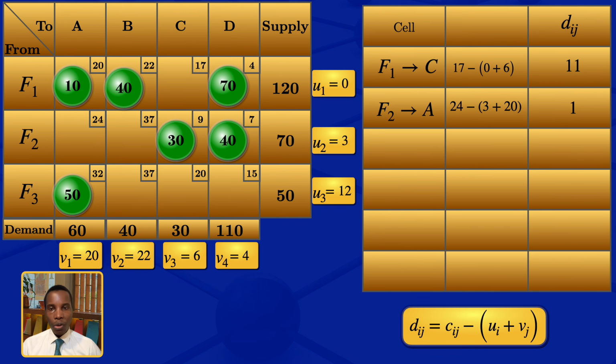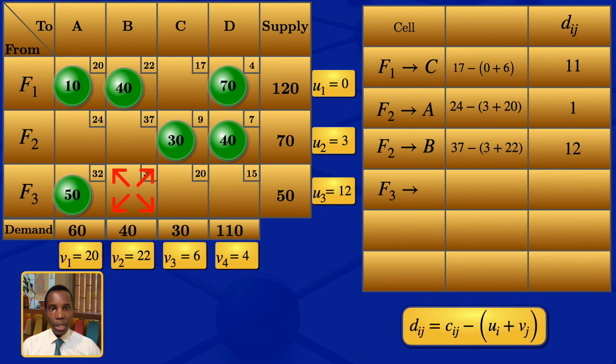Now the next unoccupied cell, this one here, we are looking at cell F2 to B. So for cell F2 to B, we'll be saying the cost 37, then minus the sum of these two values, and that will be 37 minus (3 plus 22), which will give us a 12. The next unoccupied cell is this one here.